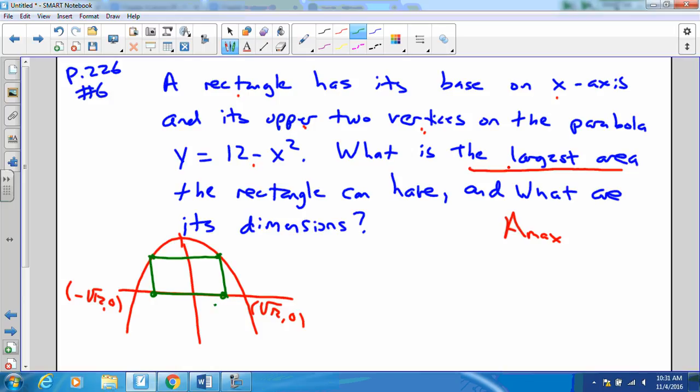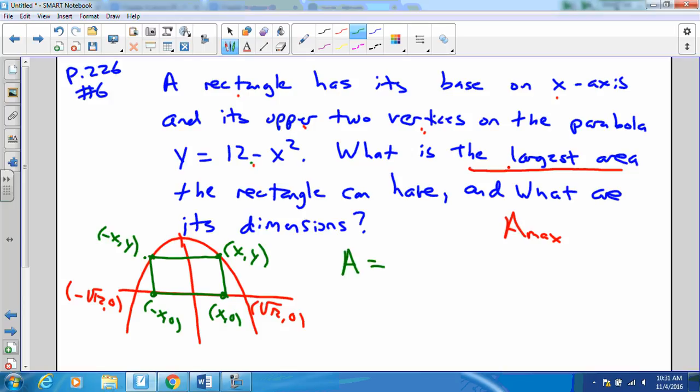Now, as soon as I have done this, I do not know what the coordinates of this point are, so I'm going to label them as x comma 0. And I'm going to label this guy as x comma y. And by symmetry, because I am dealing with an even function, it is necessary that the y value be the same at opposite points right here.